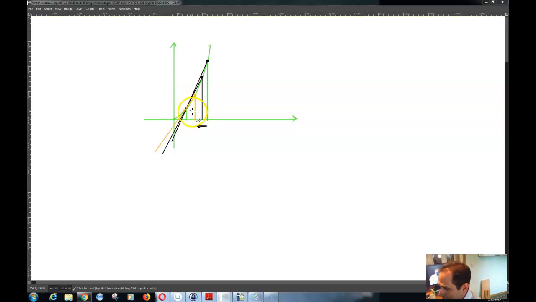Based on that, the slope of the line becomes the slope of a line touching the graph at exactly one point, at that exact point, and that was the instantaneous velocity of that object exactly at this point. So that was the process that we went through, and that was called the limiting process.